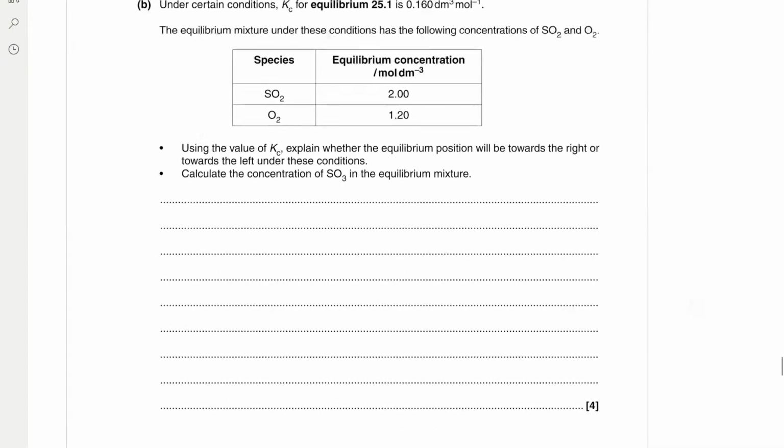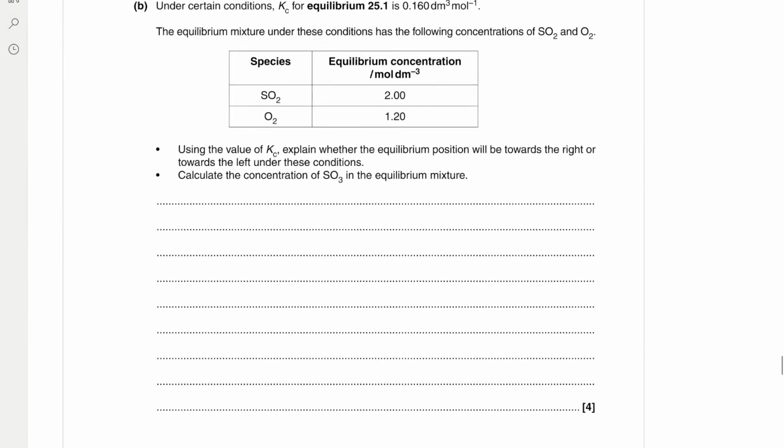Then we've got a four-marker on Kc. Under certain conditions, Kc for equilibrium 25.1 is 0.16 dm cubed per mole to the minus 1. The equilibrium mixture under these conditions has the following concentrations of SO2 and O2. So, using the value of Kc, explain whether the equilibrium position will be towards the right or towards the left under these conditions. Calculate the concentration of SO3 in the equilibrium mixture.